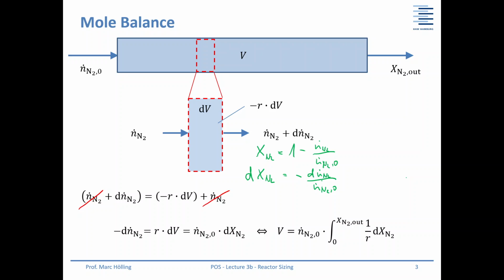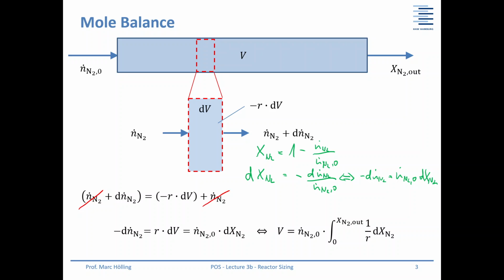This is the mole flow at the inlet, so it isn't changing. So minus d n dot N2 is the same as n dot N2,0 times dX N2.